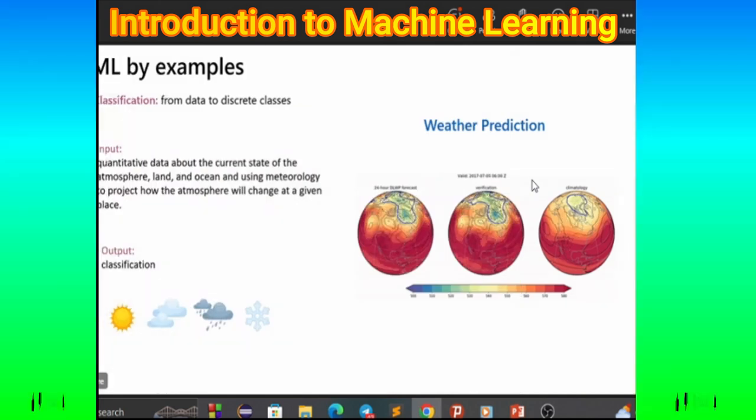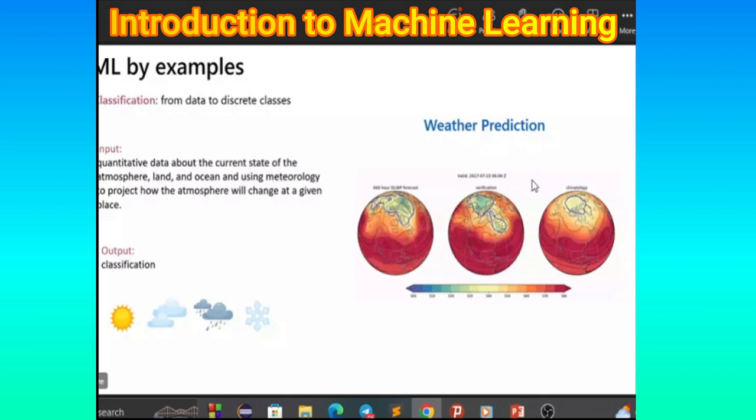Next, another classification is from data to discrete classes. As you can see here, this is a weather prediction. In a weather prediction, usually you would get numbers. Those numbers would be whether the temperature is higher, whether there is a certain drop of rain, whether there is rain, or depending upon different climatic metrics, you can generate numbers.